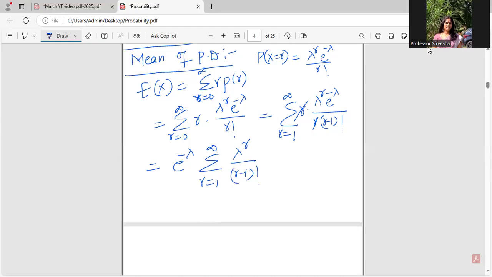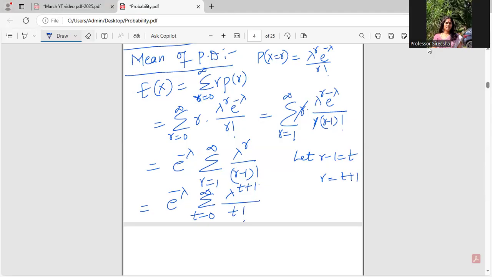Let's do one thing: let R minus 1 be equal to T. Then R would be T plus 1. The same thing I will substitute here. If R is equal to 1, T starts from 0. So the summation of T from 0 to infinity, lambda power T plus 1 by T factorial.